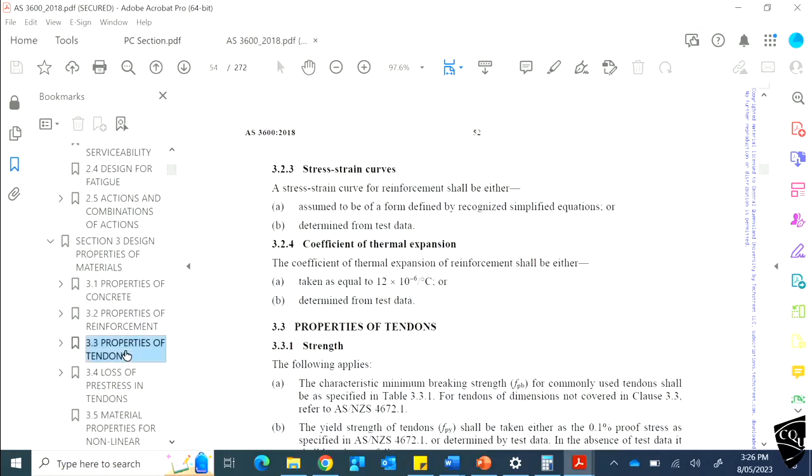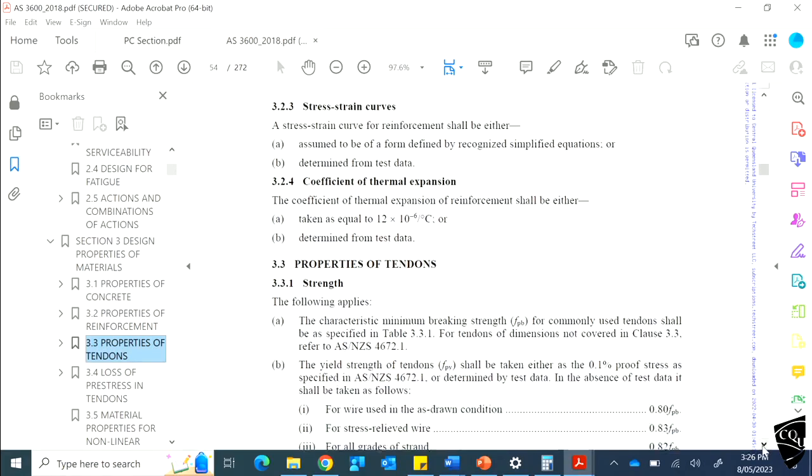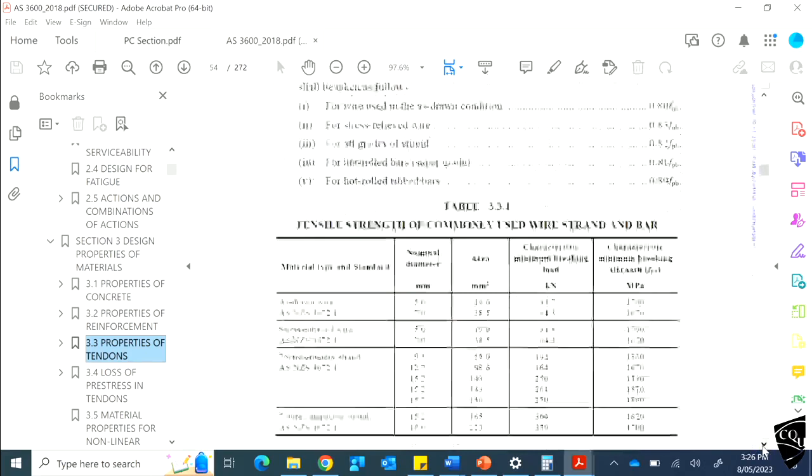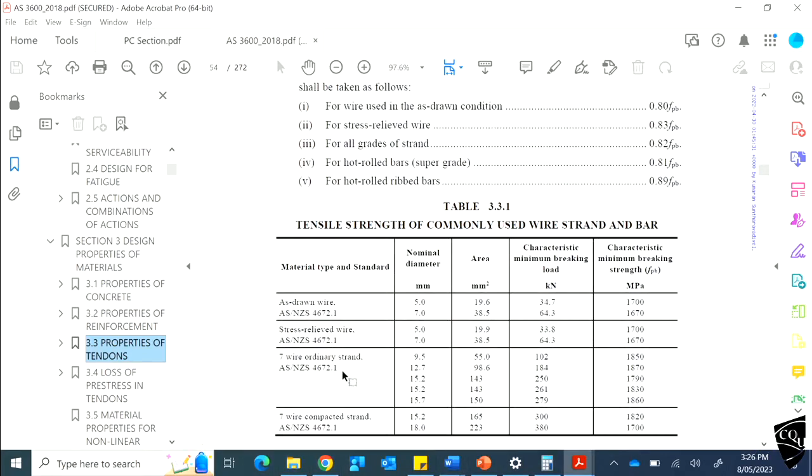section 3.3, properties of tendons. They give the properties of tendons. We are using 7-wire strands.